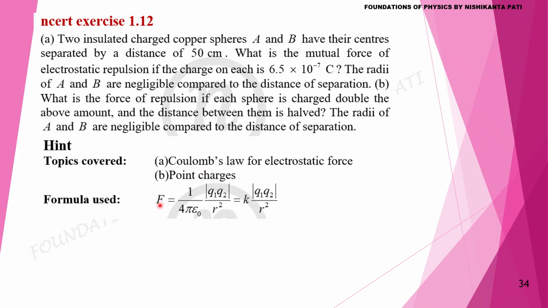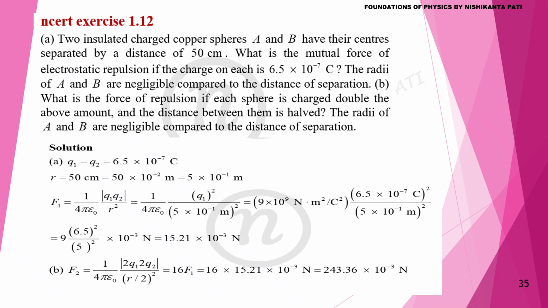This is Coulomb's law for point charges. Q1, Q2 given. Since that is repulsion, both charges are either positive or both charges are negative. It is written the charge on each is positive.